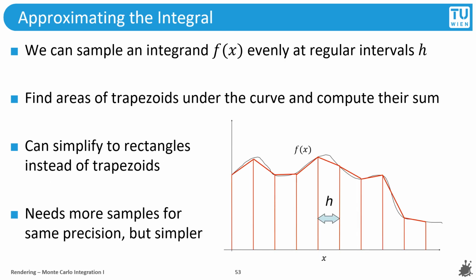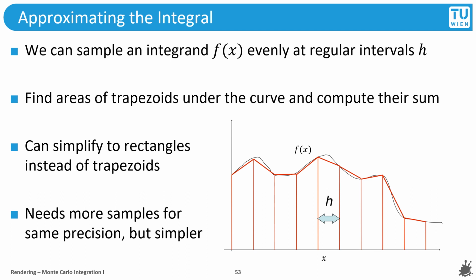One way to find the area under a curve is by sampling the integrand function f of x at regular intervals of x. If we do that, then we can define each interval as one side length of a quadrilateral that covers a specific area. For instance, if we use the trapezoidal rule, we can form trapezoids that, in sum, approximate the total area under the curve.